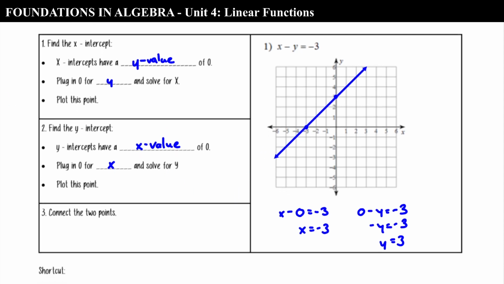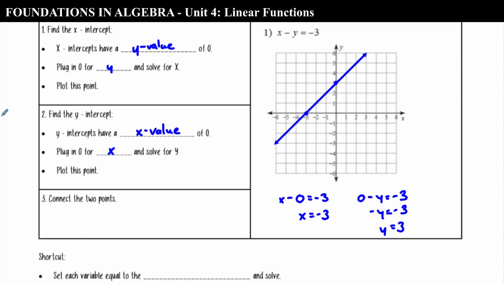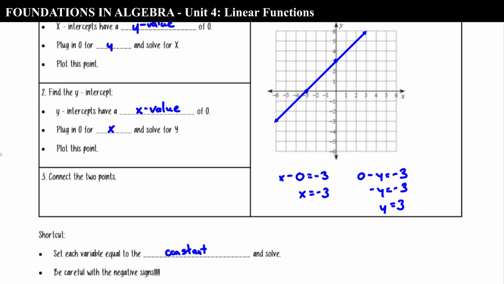There is a shortcut for doing this, and that is to set each variable equal to the constant, which is essentially what we did here, and solve. But you need to be careful with the negative signs. Just like you saw here, 0 minus y equals -3.